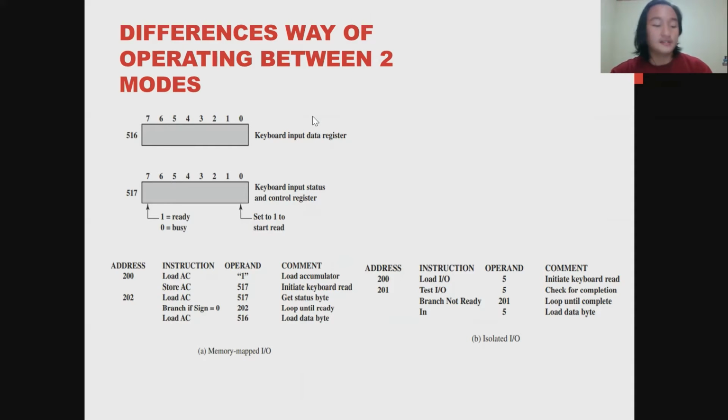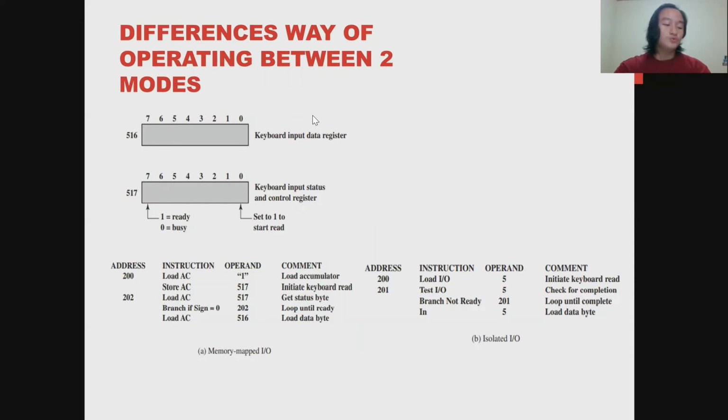Two addresses are dedicated to keyboard input from a particular terminal. Address 516 refers to the data register, and address 517 refers to the status register, which also functions as a control register for receiving the processor's command.